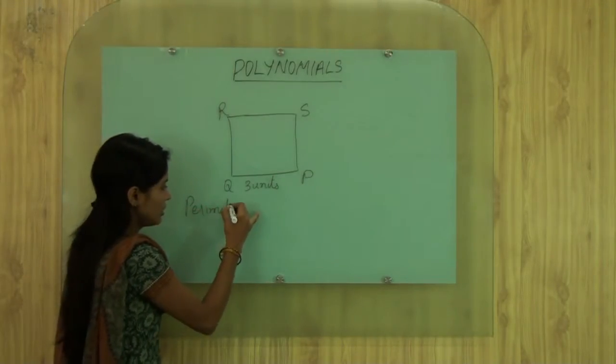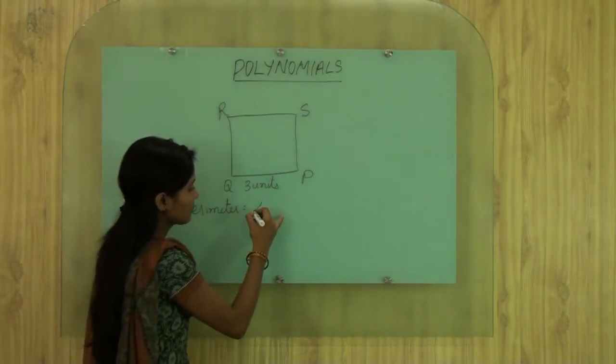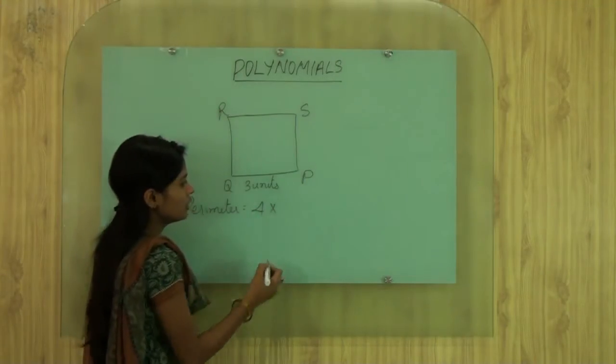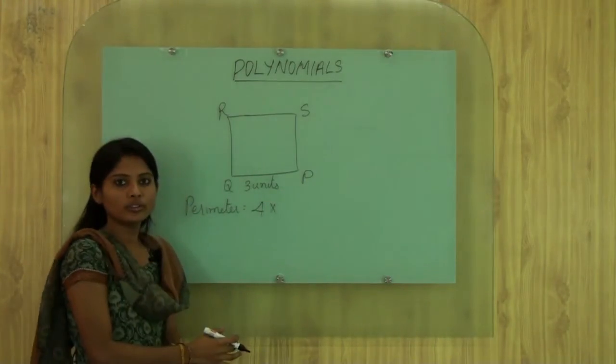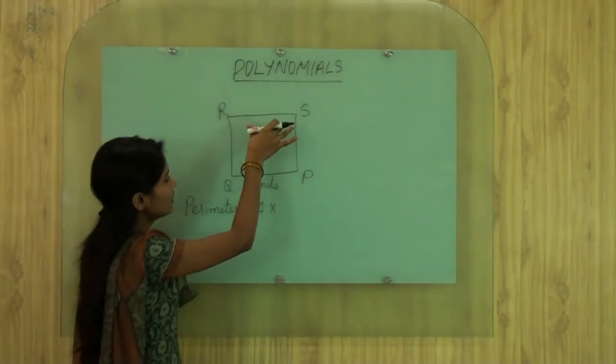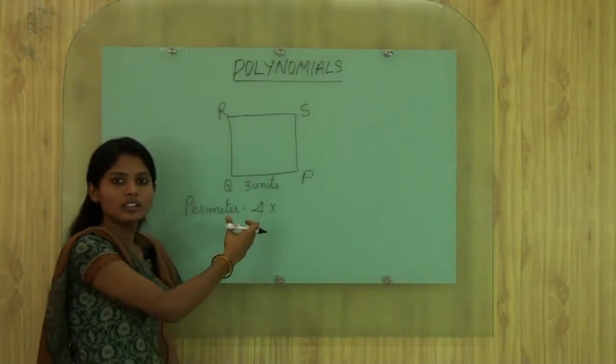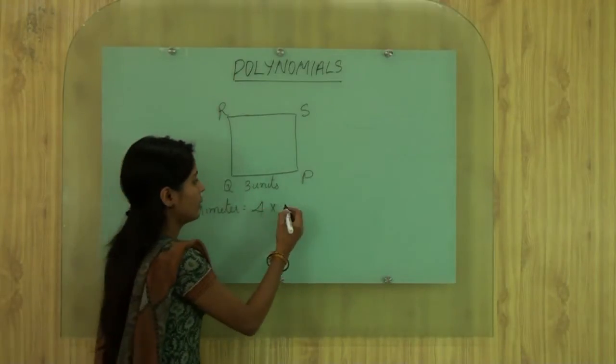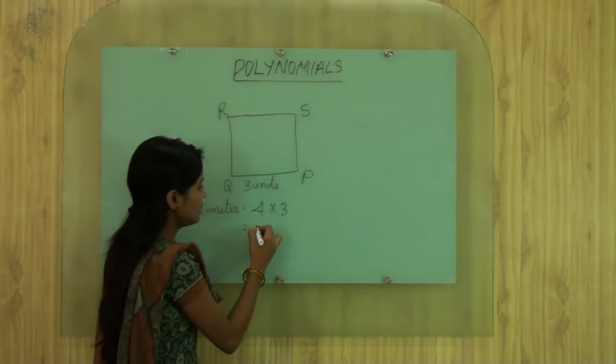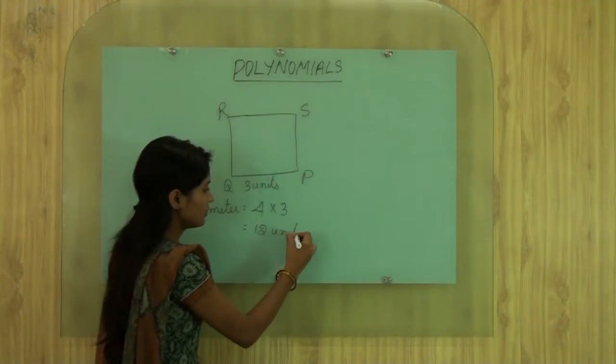Perimeter is equal to 4 into the length of the square, or the sum of all 4 sides, which is 4 into 3. Then it is 12 units.